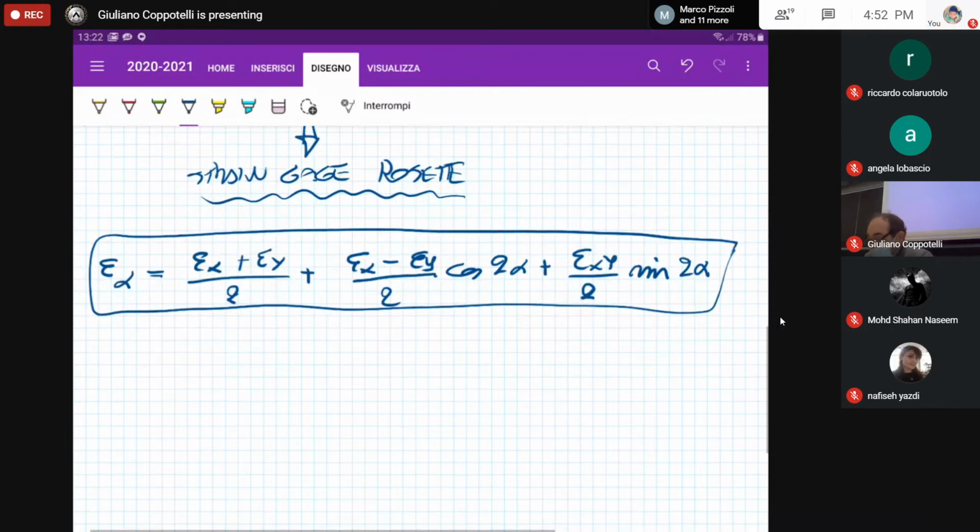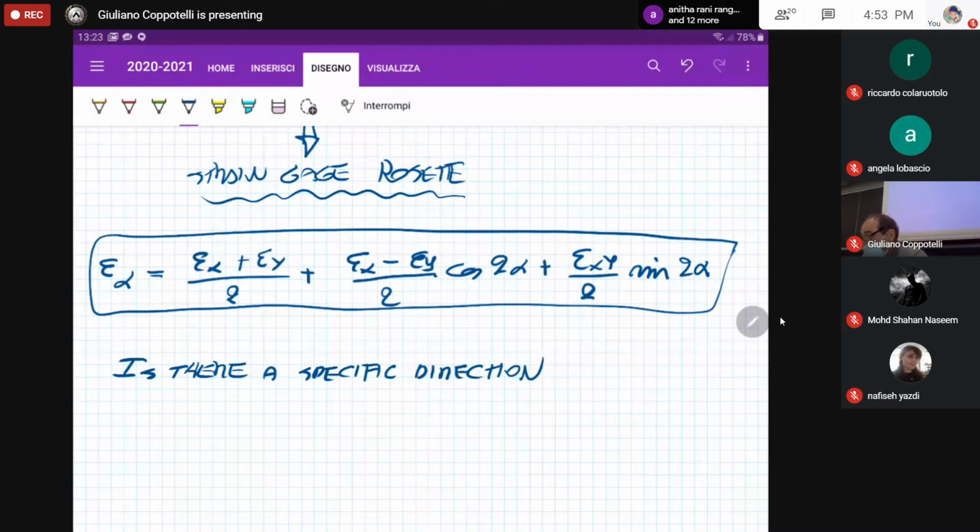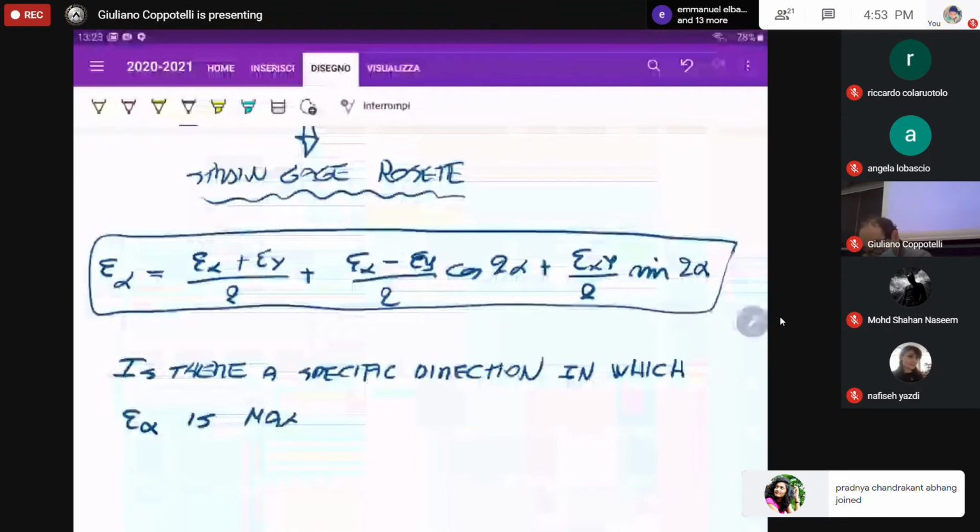So I write the equation. Is there a specific direction in which the strain in the direction alpha is maximum?